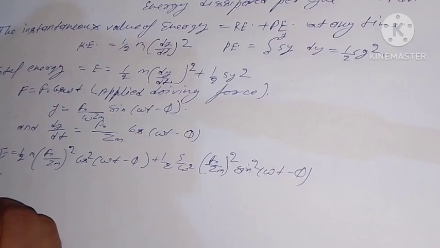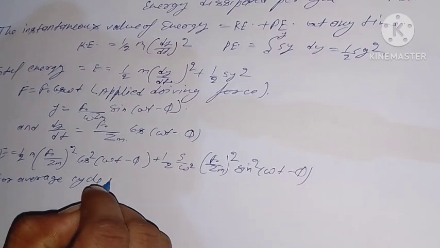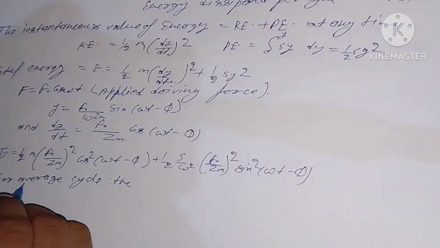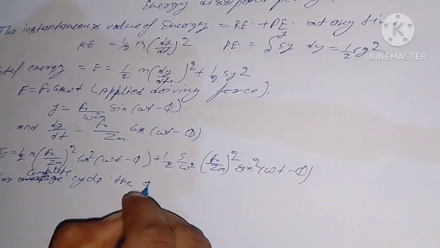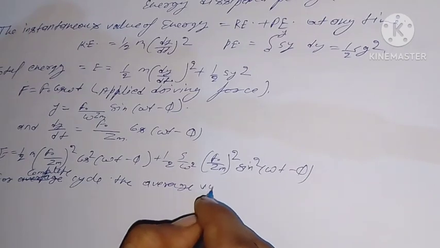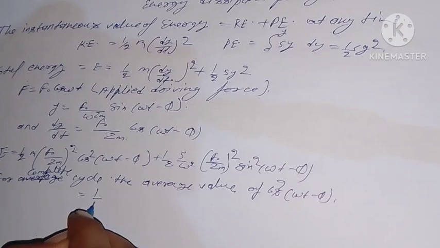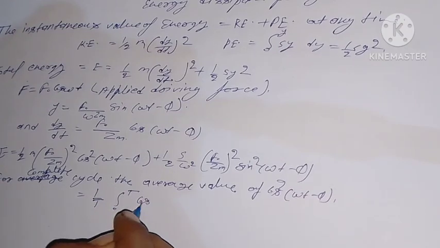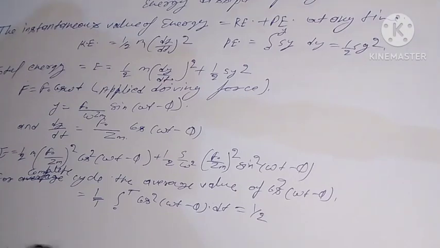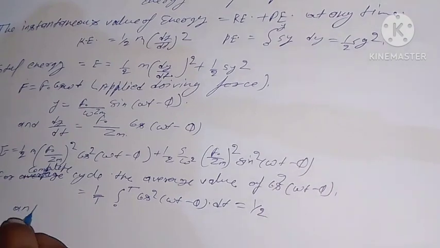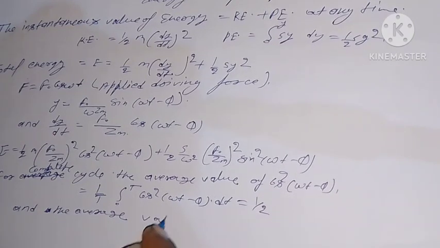For a complete cycle, the average value of cos square (omega t minus phi) equals 1 by T integral 0 to T cos square (omega t minus phi) dt, equal to 1 by 2.